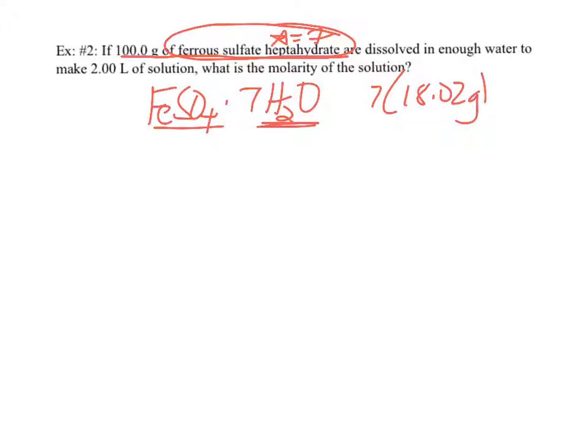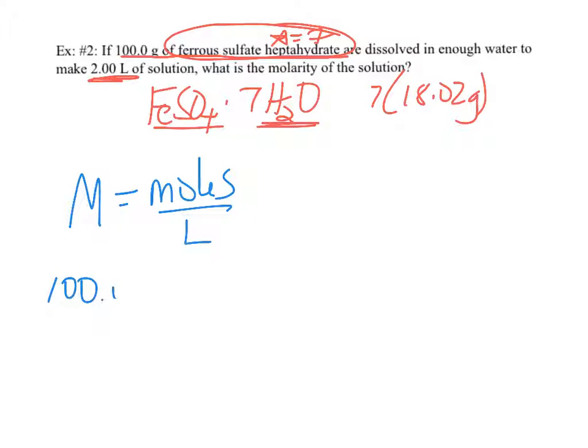And again, we need to know what volume of solution we're making. This one is simply a ratio. Since molarity is moles over liters, this is going to be like a density problem where we start with both parts. So I'm going to have 100 grams over 2 liters of solution.